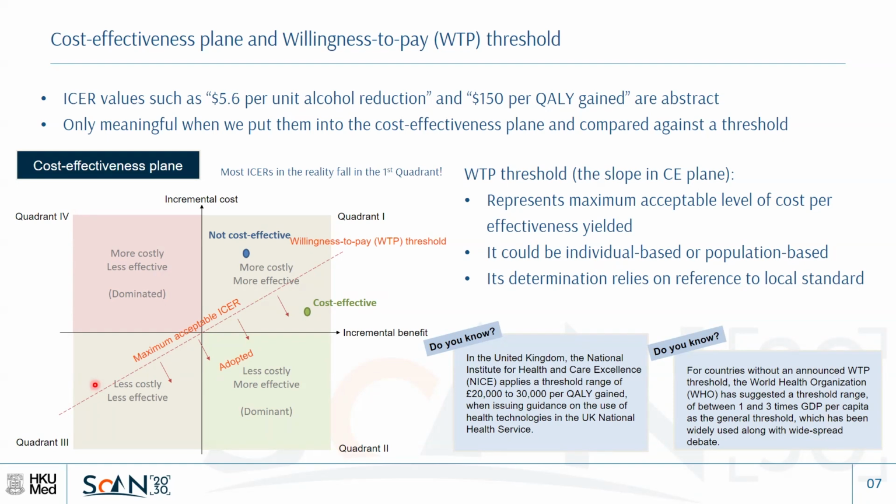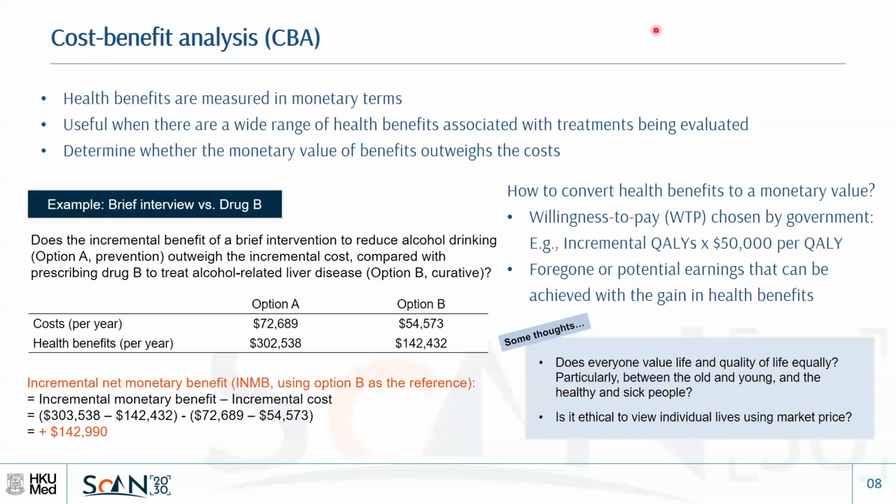In reality, you will find most of the ICERs fall in the first quadrant of this cost-effectiveness plane, meaning the new treatment will offer more health benefits with higher cost at the same time. Options with the ICER below the willingness to pay threshold will be considered cost-effective in comparison with the reference group in the local context.